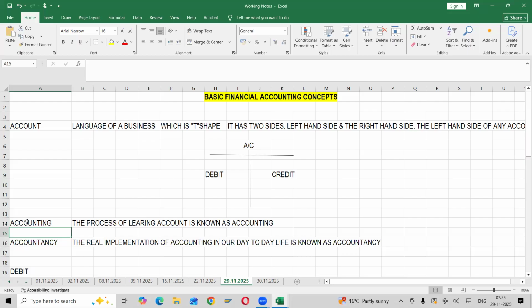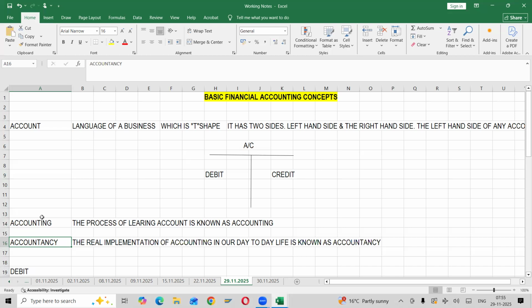You have done your graduation or a master's, and after that you joined an organization as an accountant or a SAP consultant or SAP end user or whatever it is. Whatever you have learned for 5 years or 7 years, you are going to start implementing the real thing. That is considered accountancy.